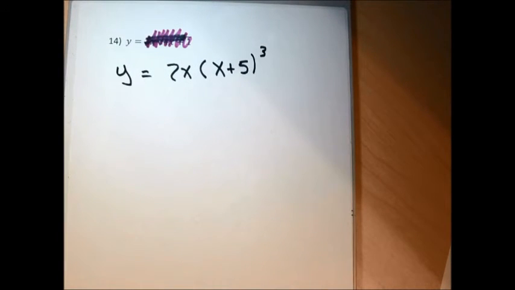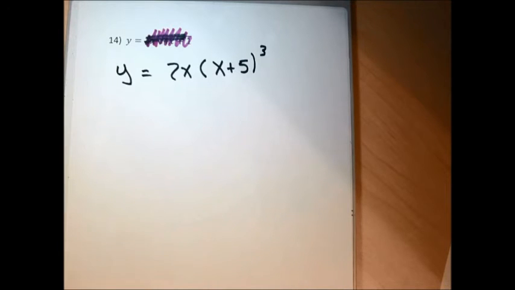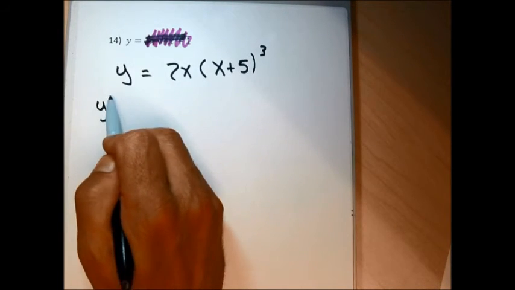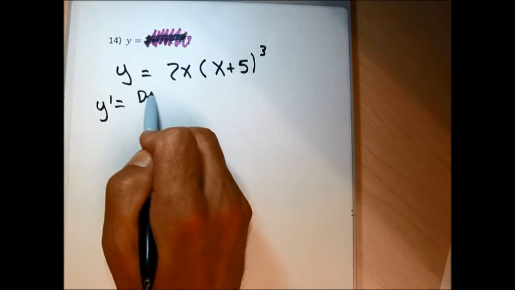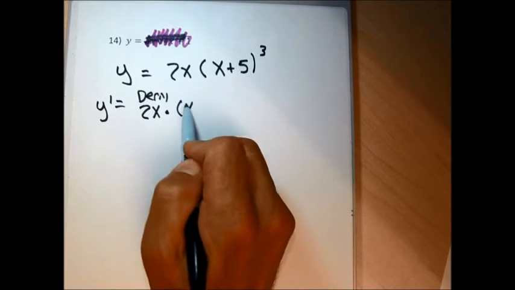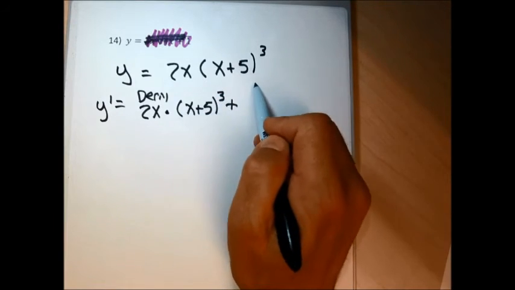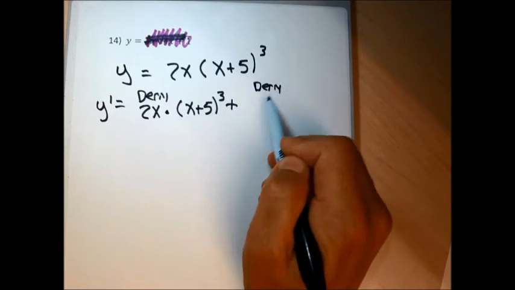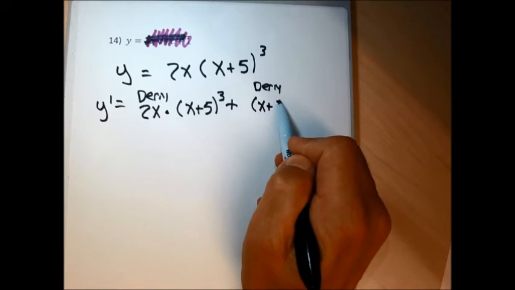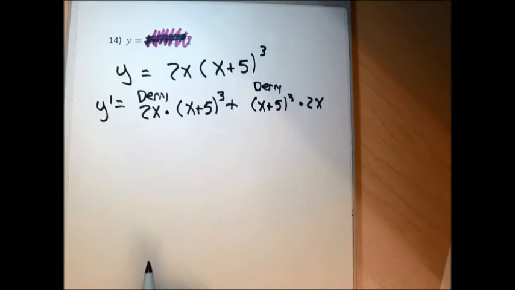So for problem 14, I'm going to do the same thing. I'm going to use both the product rule, because there's a multiplication, and the chain rule. So y prime is going to be the derivative of 2x times the x plus 5 cubed unchanged, plus the derivative of x plus 5 cubed times the 2x unchanged.